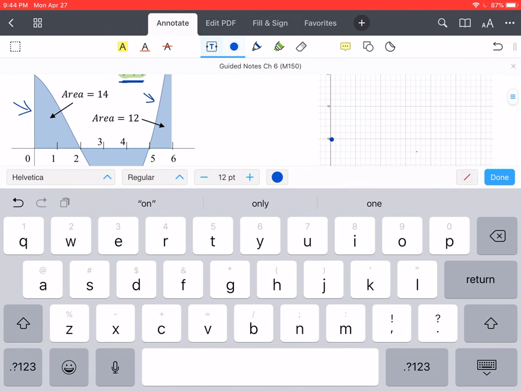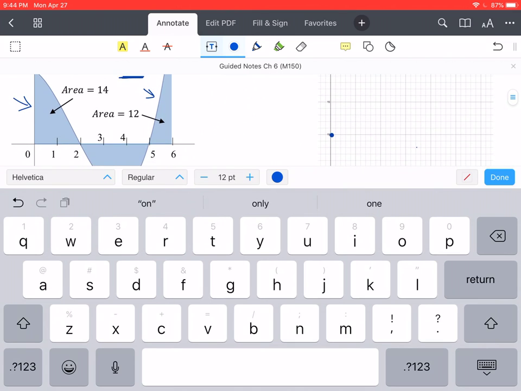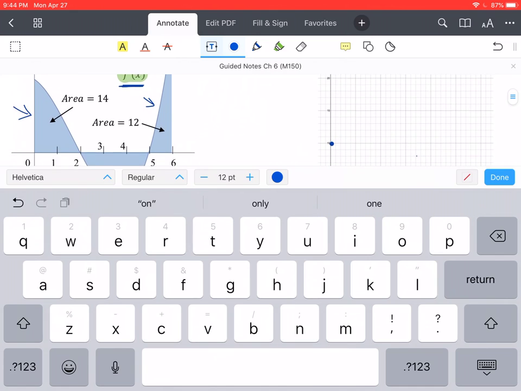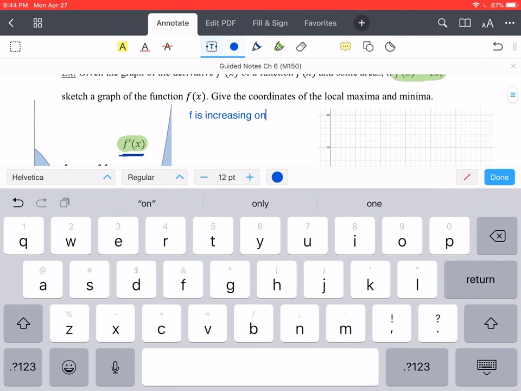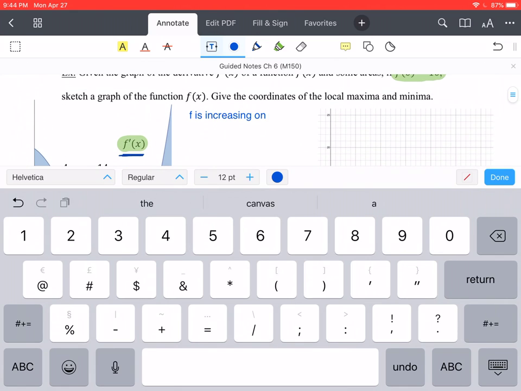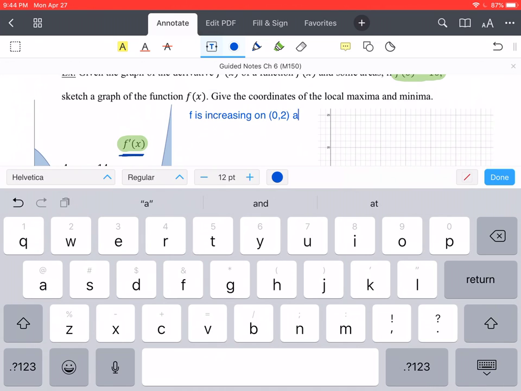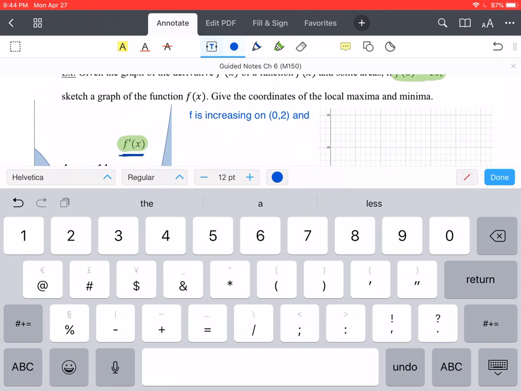That's where it's above the x-axis, and from 5 to 6. That's also where its slope is above the x-axis.